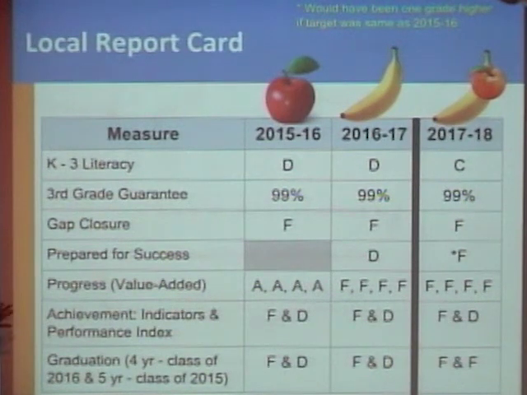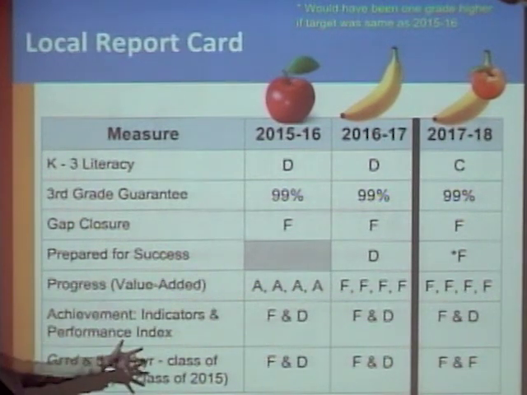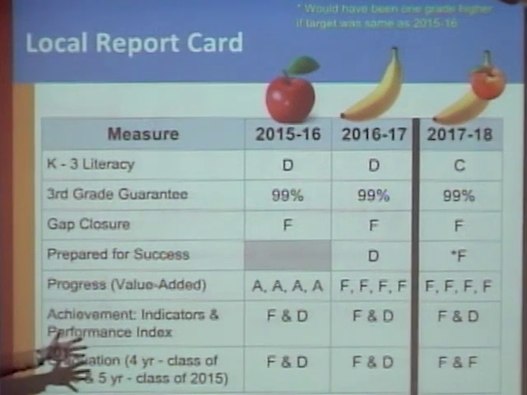Here's kind of this apple category in 15-16, and then last year I showed you that 16-17, and then this year. The first 2 categories are obviously the greatest news for us.